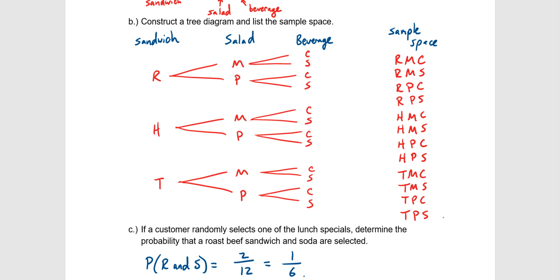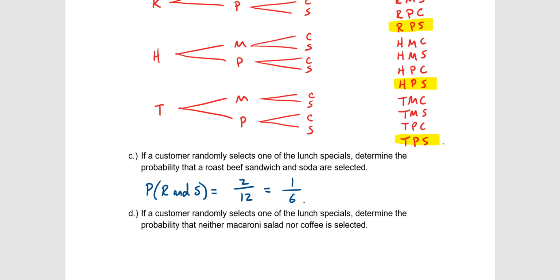So the fourth one does not contain macaroni salad or coffee, and this one, the HPS, does not contain macaroni salad or coffee, and then it looks like the last one does not contain macaroni salad or coffee. So that's 3 of them total.